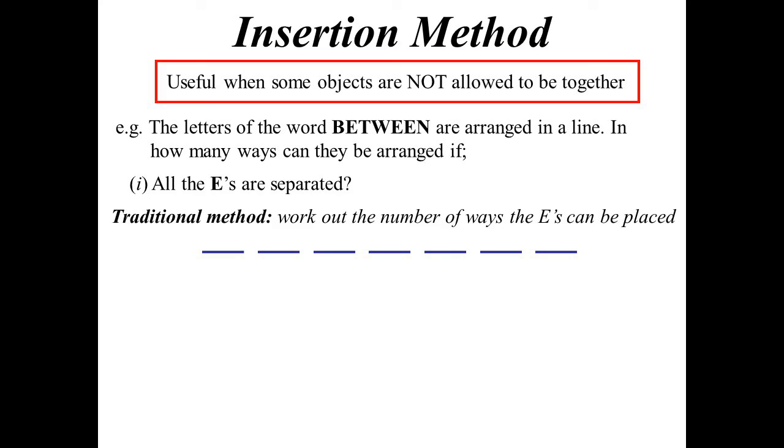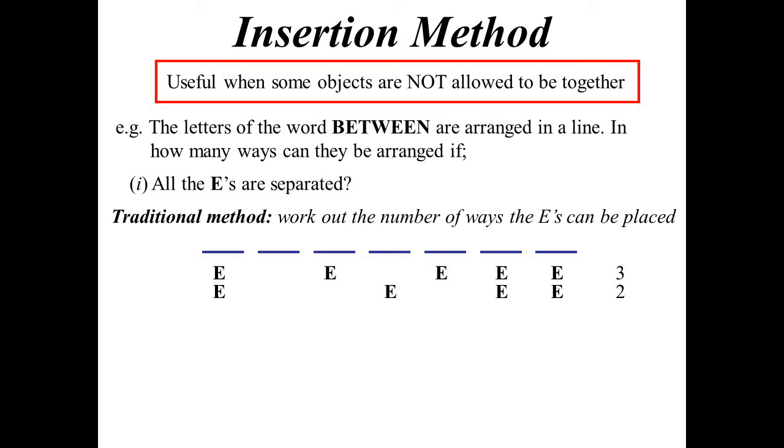I could put the E's in that position there, and they're all separated. Well, actually, that last E could also go in the second last spot and they'd be separated. And actually, that last E could go in the last spot and they'd all be separated. So there's three ways if the E's take the first and the third spot. But what about if the E's take the first and the fourth spot?